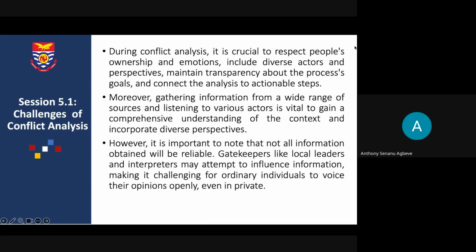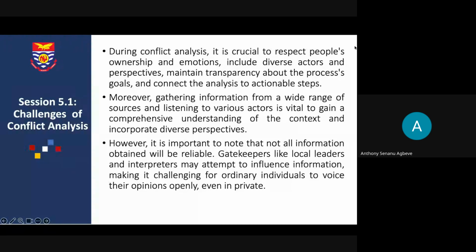That is not good, because a loss of life, you can't compare in any way in terms of numbers. Even one loss of life is not a good thing. So as a conflict analyst, as a researcher on the field, engaging people in conflict zones, you need to respect their emotions, right?